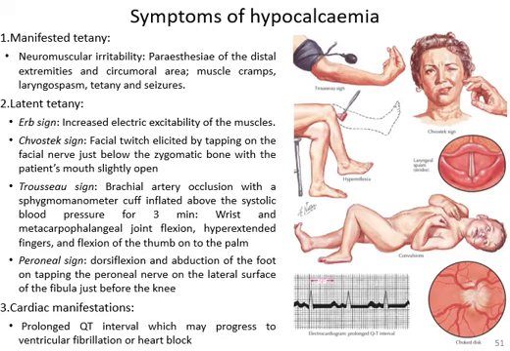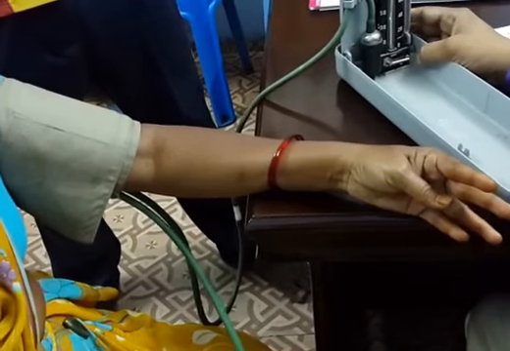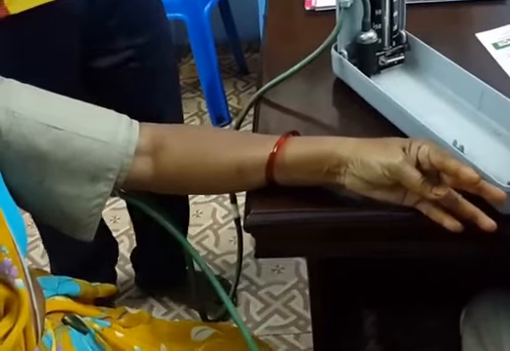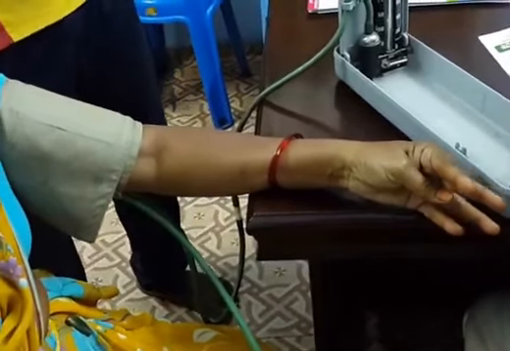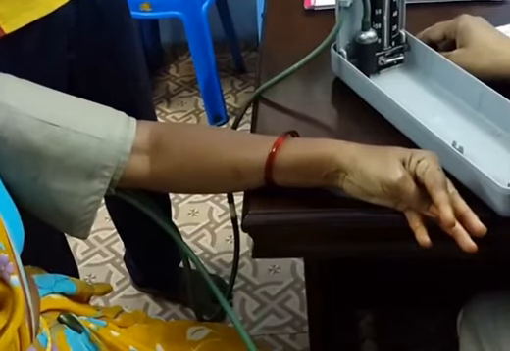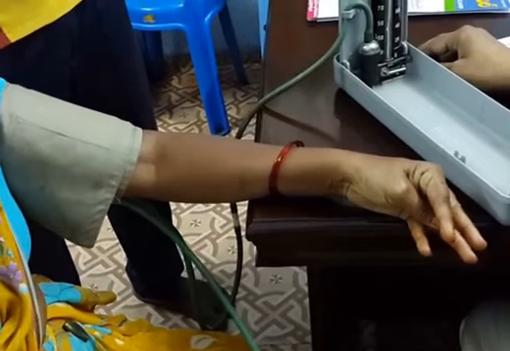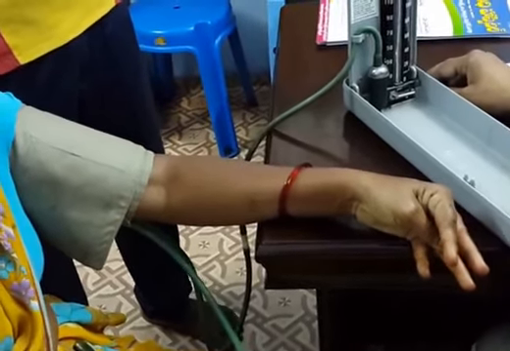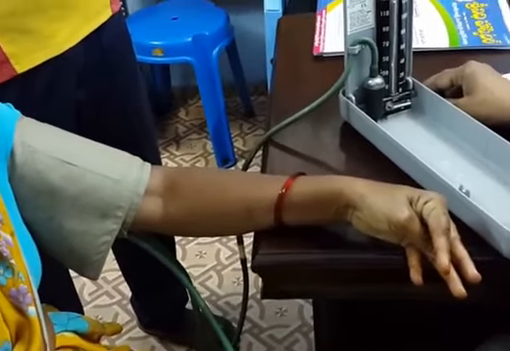You can see the specific facial twitches, while here you can see the carpal spasm evoked by inflation of the sphygmomanometer cuff on the upper arm in pronated position, the typical deer's head position develops.